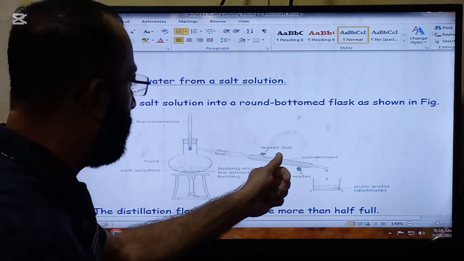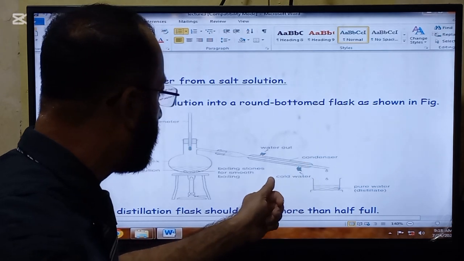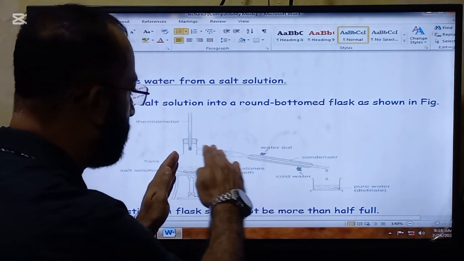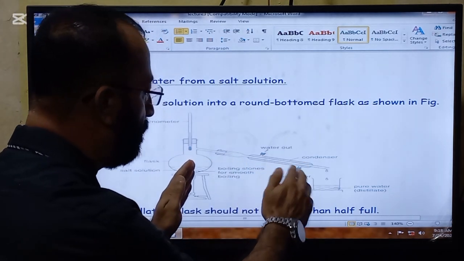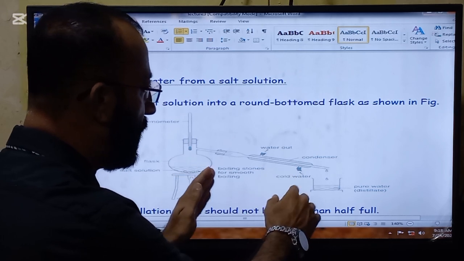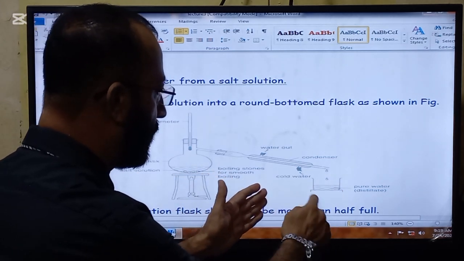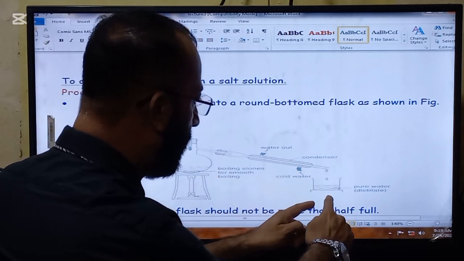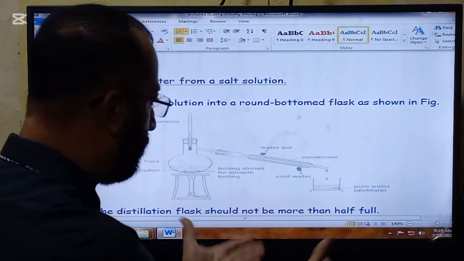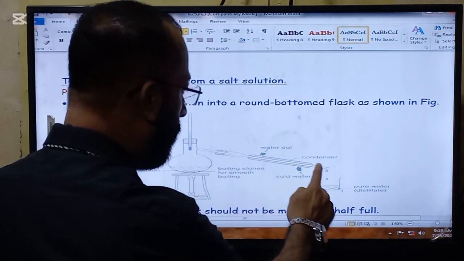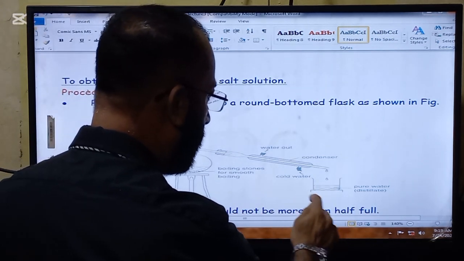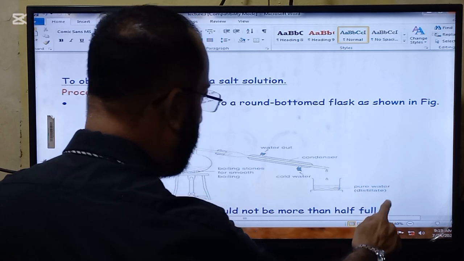Here is the water out. Here is the condenser, and when the vapors pass through the condenser, they are turned back into pure liquid. Here is the collecting vessel, so the pure water will be collected in the container as a pure liquid distillate.